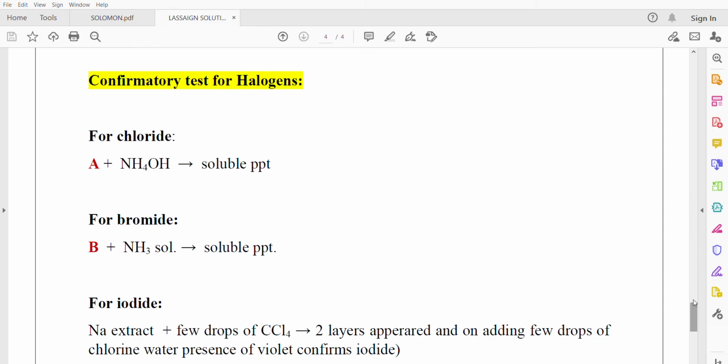And there is a discrimination if someone is not sure whether these are bromide precipitates or iodide precipitates, and it is simple. This is a confirmatory test for chloride: those curdy PPT, if you put ammonia, will be soluble.